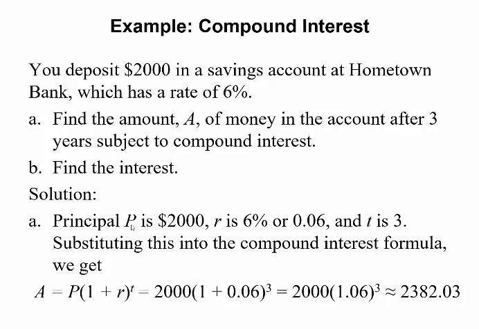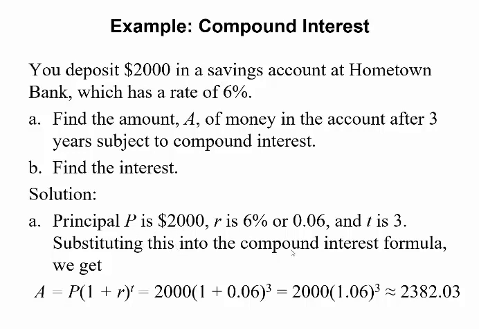When it just says compound interest, what that means is it's compounded yearly. If it's compounded monthly, which we'll do an example of later, it's going to be noted. If it's just compound interest, or it says something like compounded annually, that just means once a year. So the principal P is $2,000.